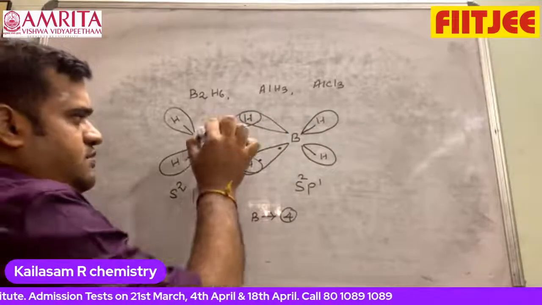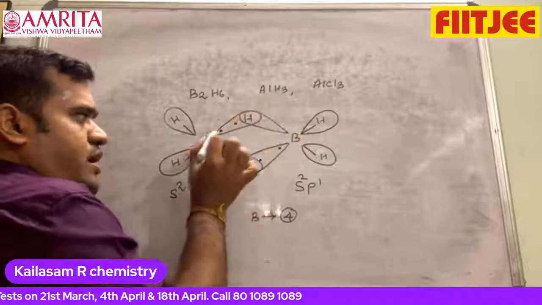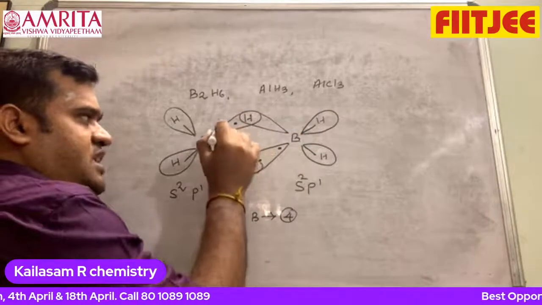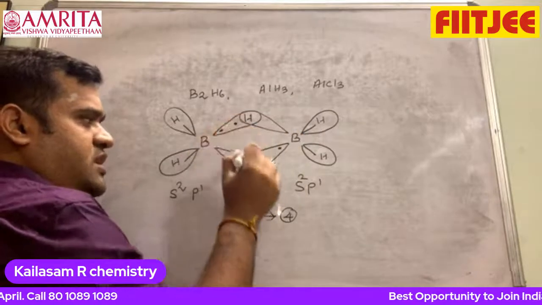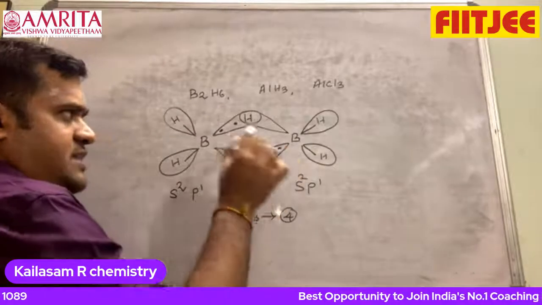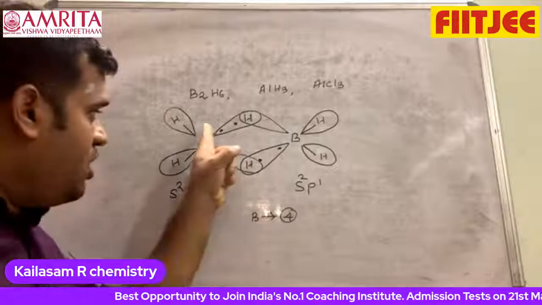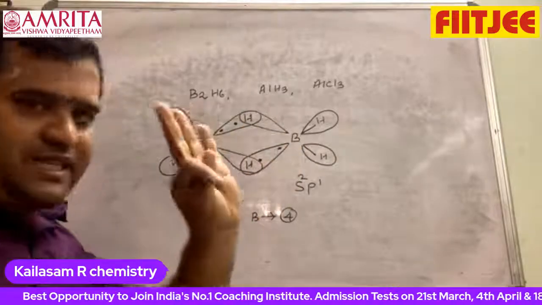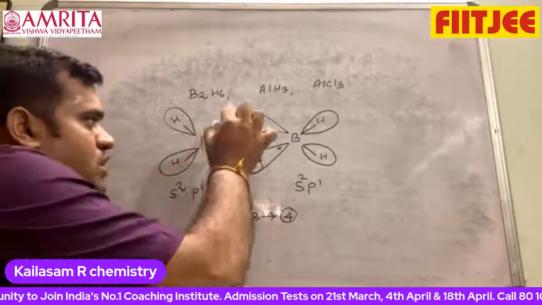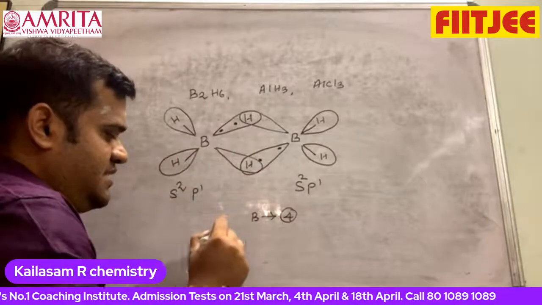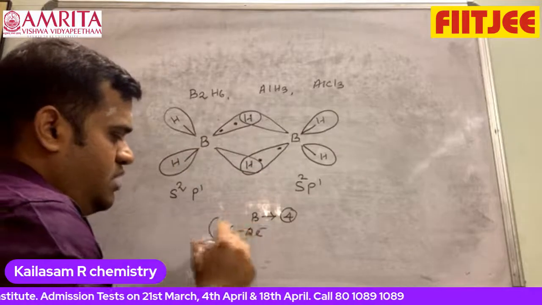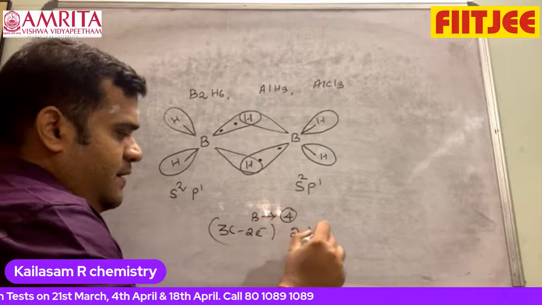This is called B-H-B. 1, 2, 3 centers are there. How many electrons in this one? We have only 2 electrons. Now B2H6 is an electrophile which has 1, 2, 3 centers with 2 electrons. That means this has 3C-2e bonds. Two such bonds are there.